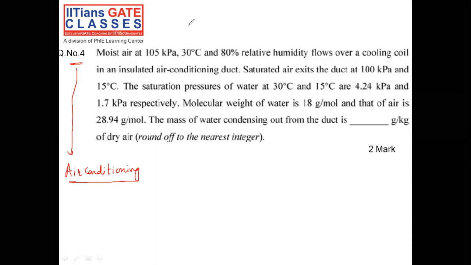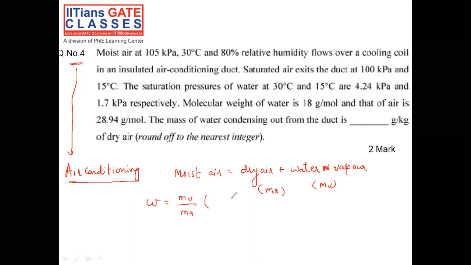Now, we know that moist air is nothing but dry air plus a little bit of water vapor. Mass of air we call and mass of vapor we call. And the ratio of mass of vapor to the mass of air we generally call specific humidity.